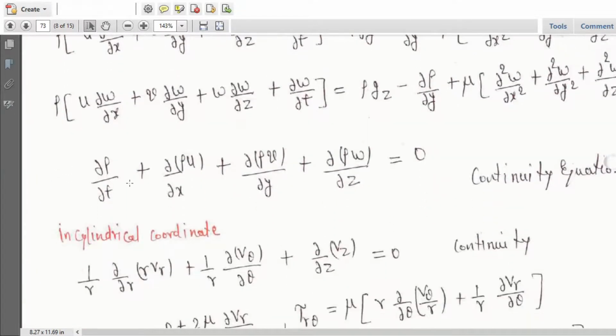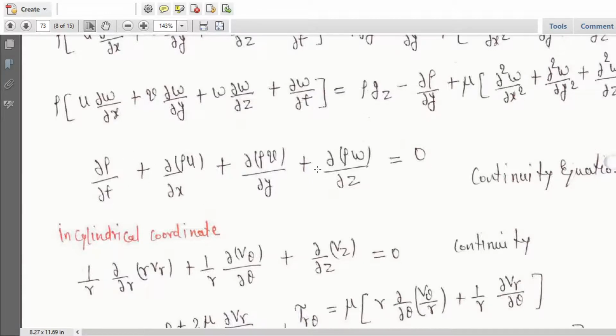So this is the continuity equation in rectilinear coordinates. Del rho upon del t plus del rho u upon del x plus del rho v upon del y plus del rho w upon del z equal to 0. For steady state or incompressible fluid case, this term is 0.